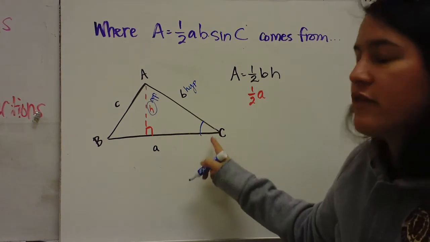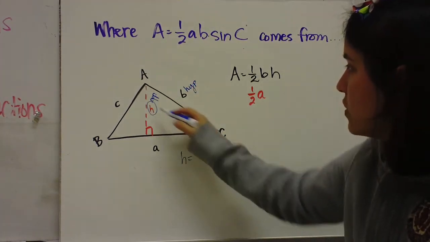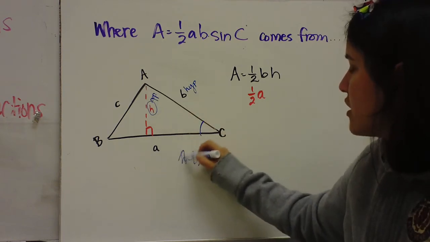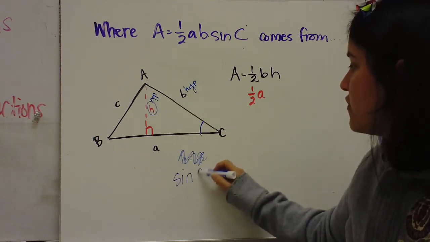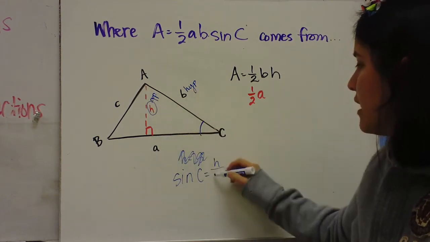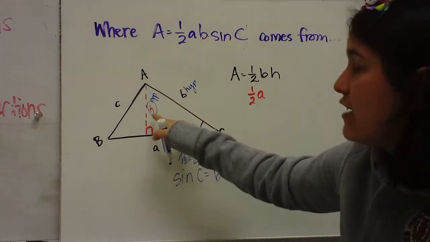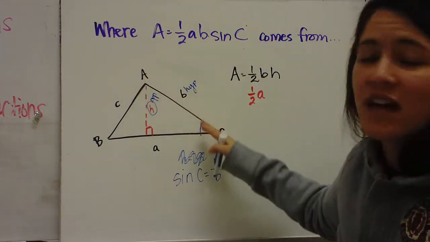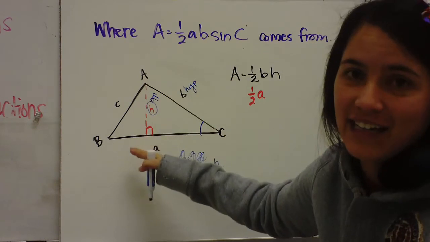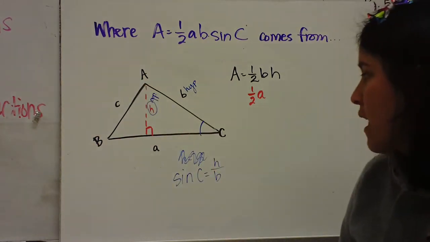If we wanted to use the opposite and the hypotenuse, then we would use sine of C equals h over b, the opposite over the hypotenuse. So I'm using h as the height over b. That's our hypotenuse when we draw the height in. In our other triangle, it's not the hypotenuse because it's not our right triangle.